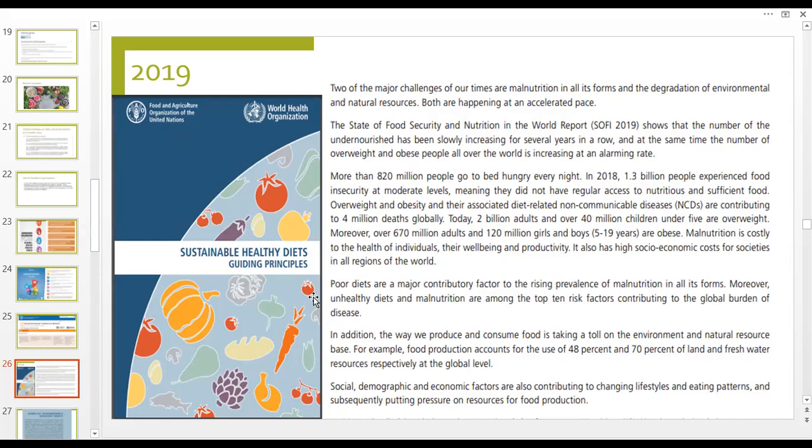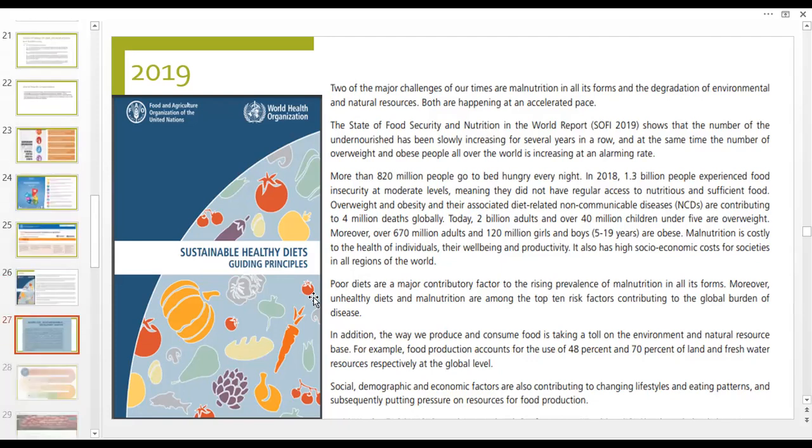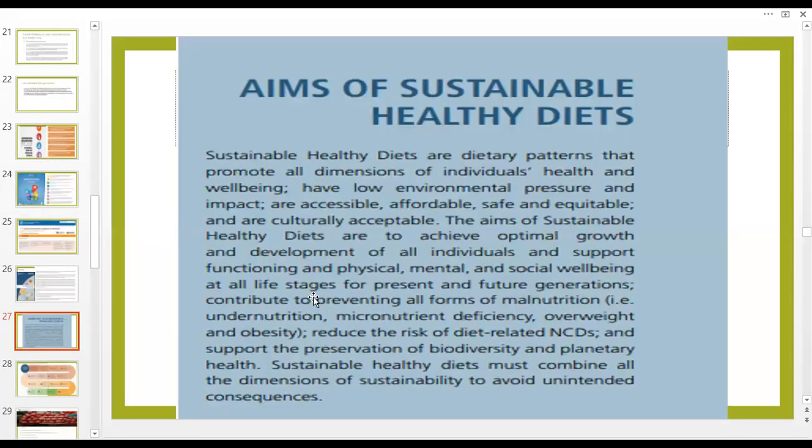So in this way, they have developed a plan that there should be healthy diets, and these healthy diets should be sustainable for everyone. Now, sustainable healthy diets are dietary patterns that promote all dimensions of individuals' health and well-being, have low environmental pressure and impact, and are accessible, affordable, safe, equitable, and culturally acceptable.